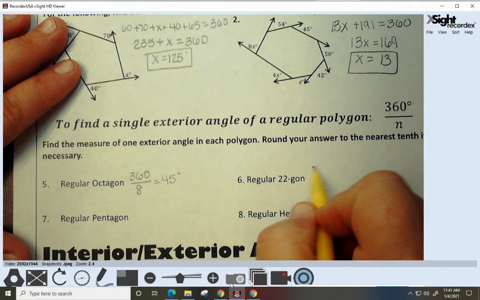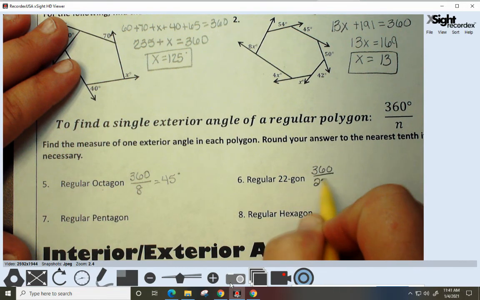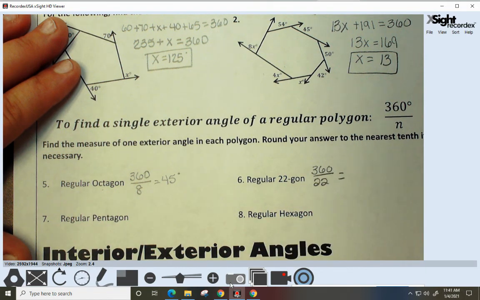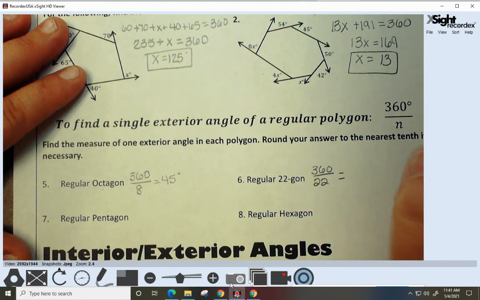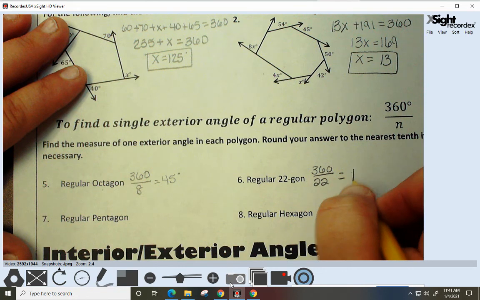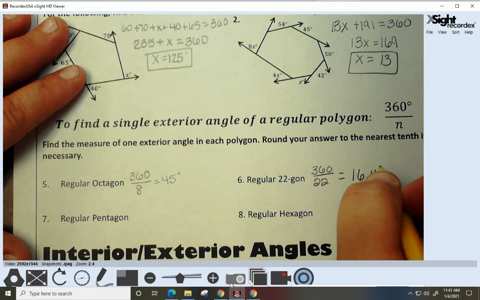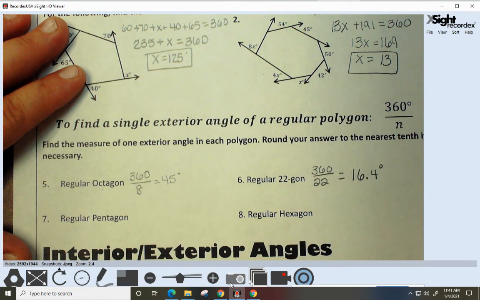This one would be 360 divided by 22. And it doesn't come out even, so it says to the nearest tenth. So we're going to call this 16.4 degrees when it's rounded. A pentagon has 5 sides, so I would divide by 5.